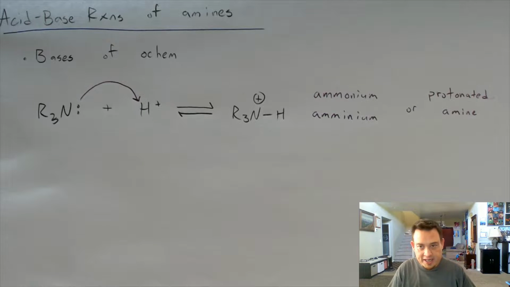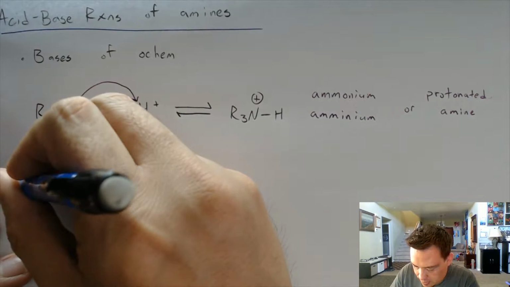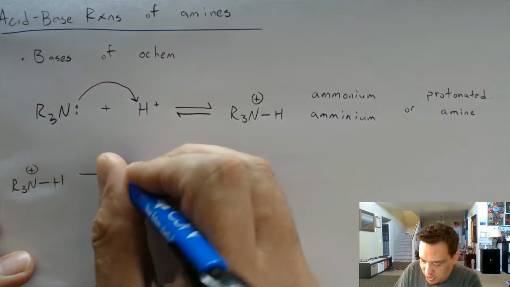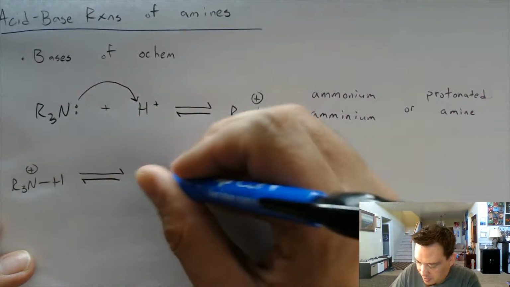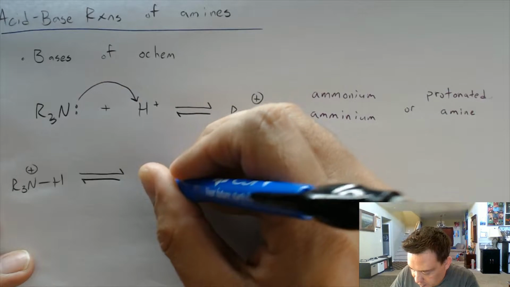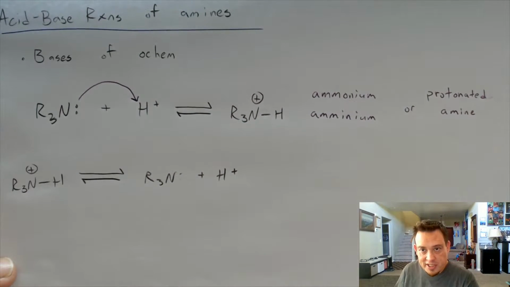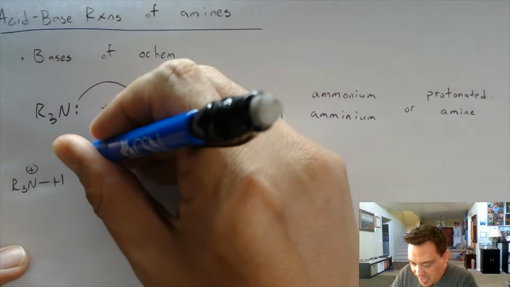I'm going to go ahead and flip this equation just to make it a little bit more useful for something else. So we have that, and then all I'm going to be showing here is deprotonation. If you're showing just a deprotonation, this is by definition the Ka reaction.